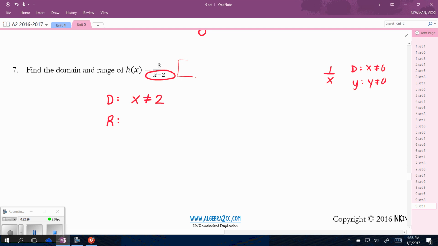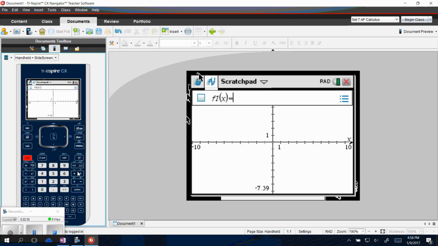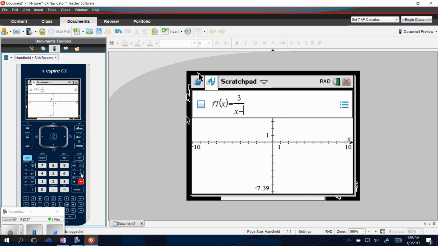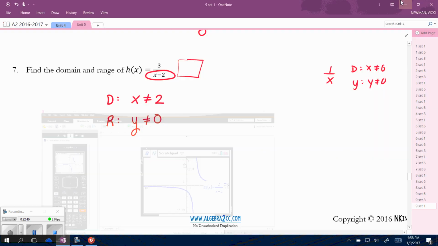There is no vertical shift here, so y cannot be equal to 0. If we look at our graph, so if I type that in, you can see that y cannot be 2, or I'm sorry, x cannot be 2, and y cannot be 0. You see the asymptote there? Doesn't cross the x-axis.